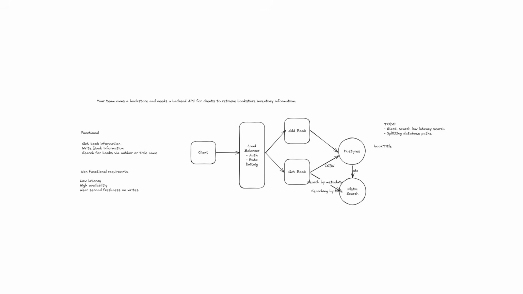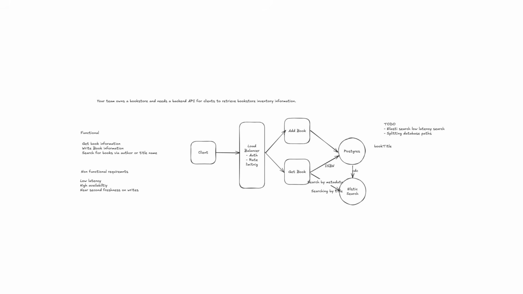All right, so I guess we could go deeper into how we want to design the database. The question is, do we want the primary key to be the title or the ISBN? I think either ISBN or some kind of book ID would be ideal here because they could probably have multiple titles.